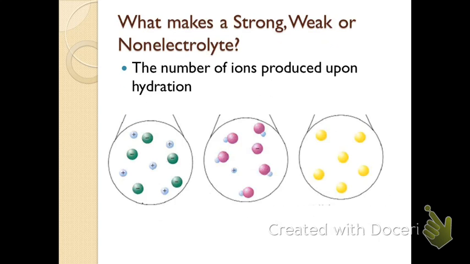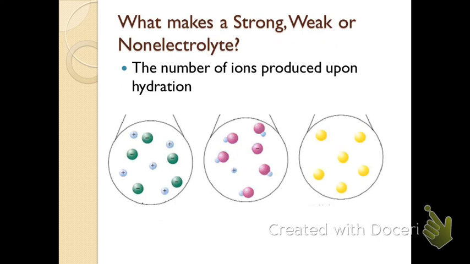So what determines whether it's a strong, a weak, or a non? It depends on the number of ions that are made upon the process of hydration being completed. So for example, in the left picture with the green and gray ions, you can notice that you have quite a few anions and cations when hydration is complete. In the middle picture, you only show one cation and one anion.